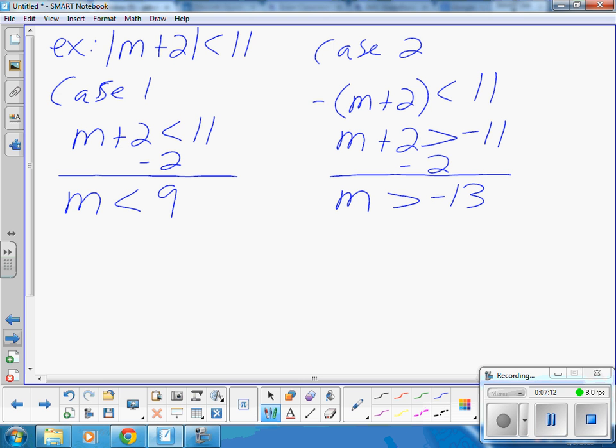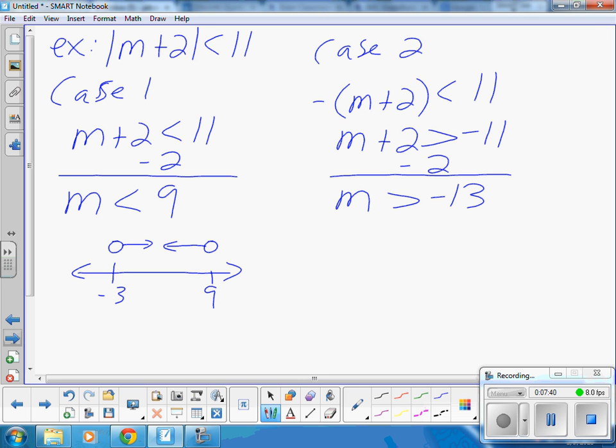All right. So with that, we have negative 13, open circle, m is greater than. And here at 9, we have an open circle, and it's less than. So it is when one or the other occurs, but I said union.